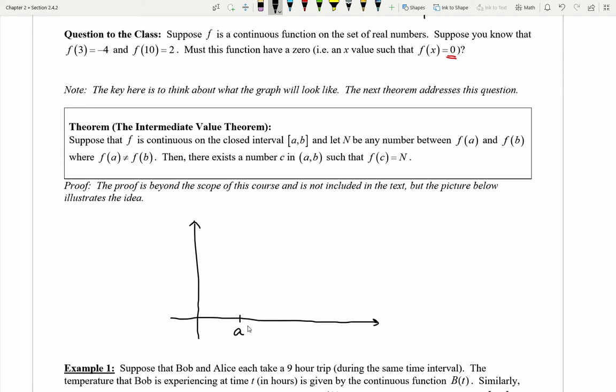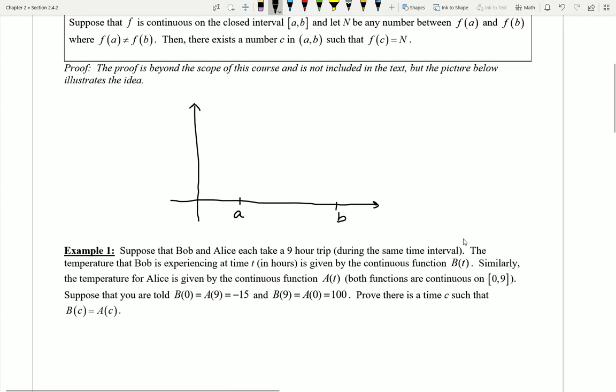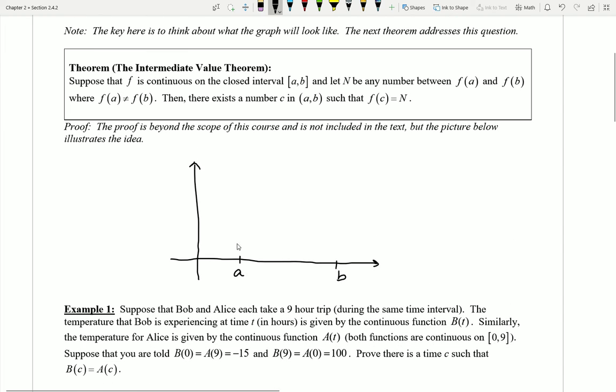Let's suppose that I had 2 points, A and B, on my x-axis. Kind of like 3 and 10. And those are going to correspond to some points on my picture. So maybe here I have 2 points and they're up here. This point would be A, comma, f of A. And over here I would get B, comma, f of B.